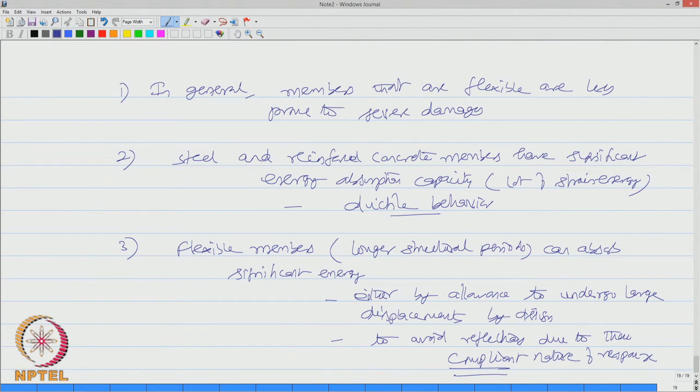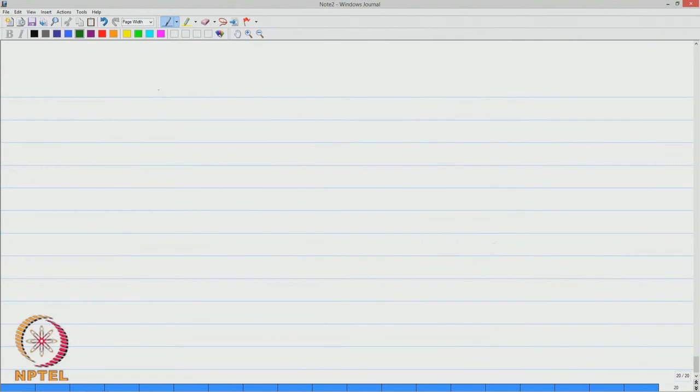We already said compliancy is a boon in terms of the structural response behavior of offshore structures. Therefore, recent new generation platforms are designed essentially with high degree of compliancy in the design layout itself.